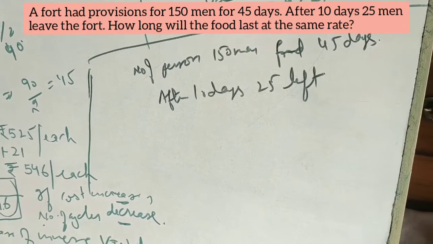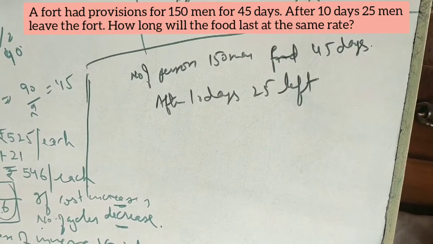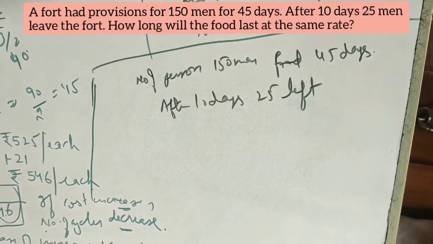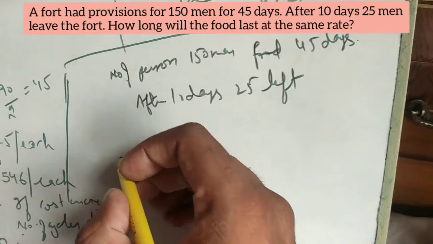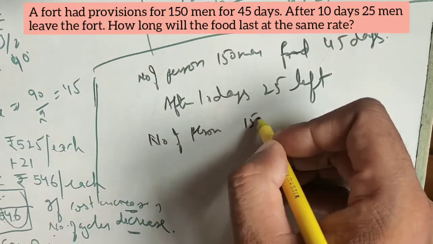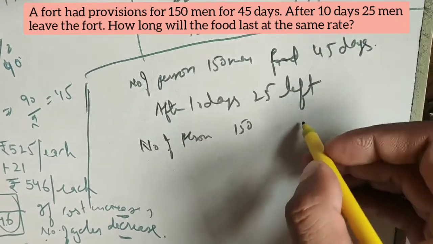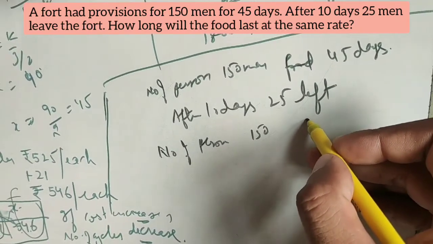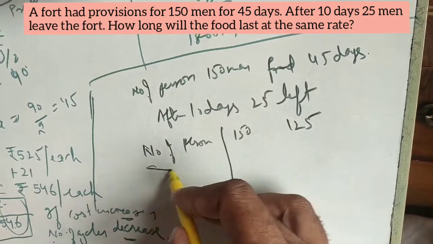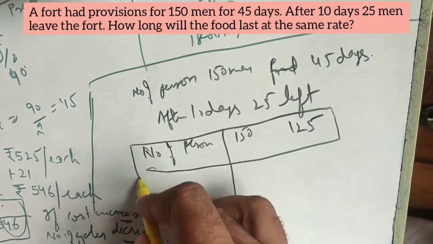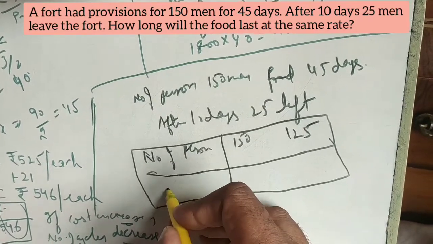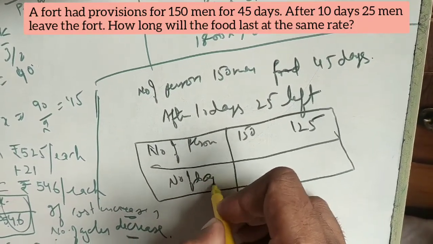Now there were 150 men and they had food for 45 days. But after 10 days 25 men left. So it means earlier, if we draw the table, the number of persons was 150. Now 25 men left. So now the number of persons is 125. Is it clear? And here is the number of days.